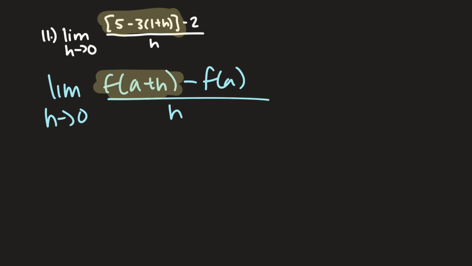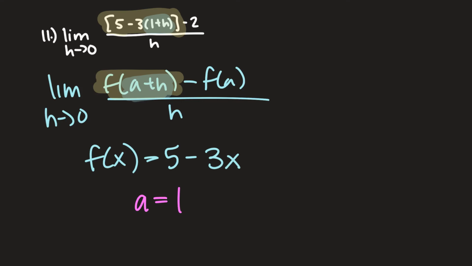So that means that my original function, f of x, is 5 minus 3 times x, because this here, that 1 plus h, is my a plus h, which means then that my a has to be 1.